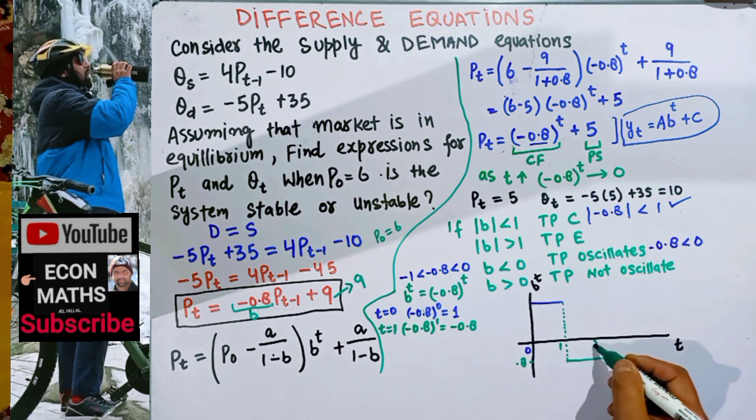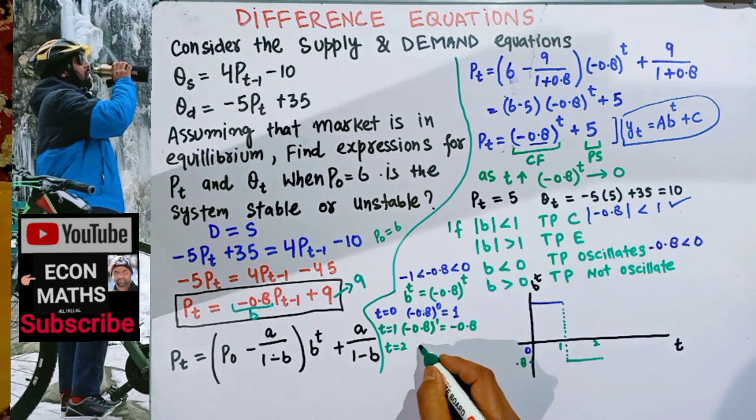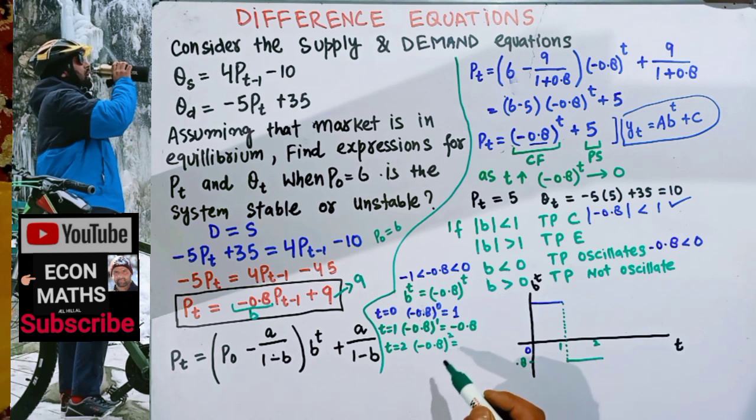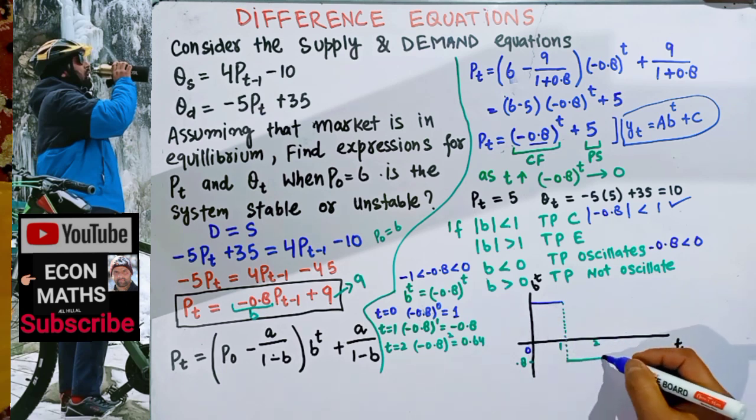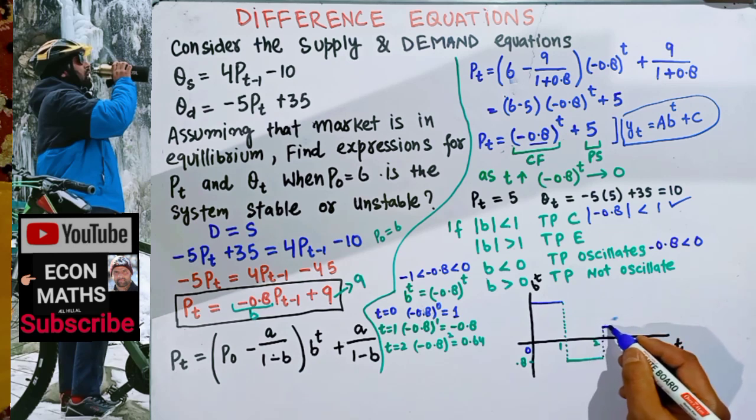When t is equal to 2, we have minus 0.8 raised to the power 2. The square of a negative number is positive, so 0.8 times 0.8 is 0.64, and we get positive 0.64. That means our b^t will be equal to 0.64.